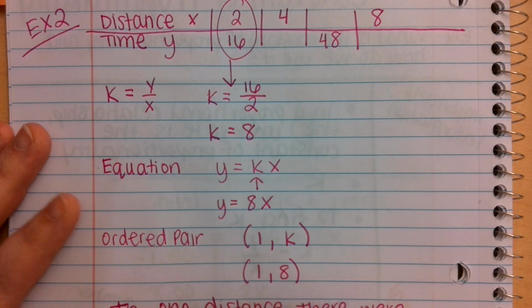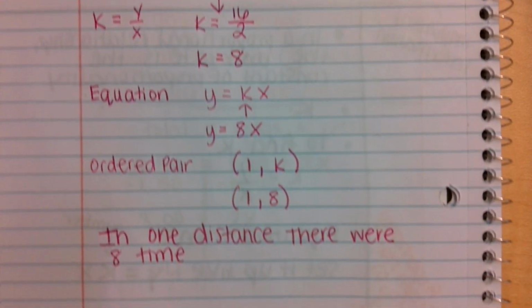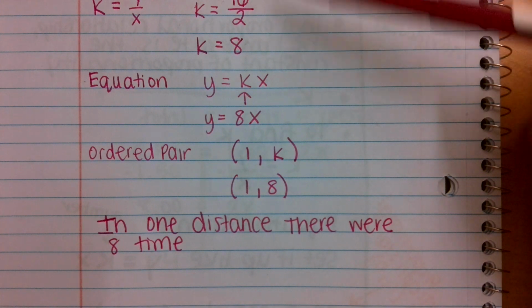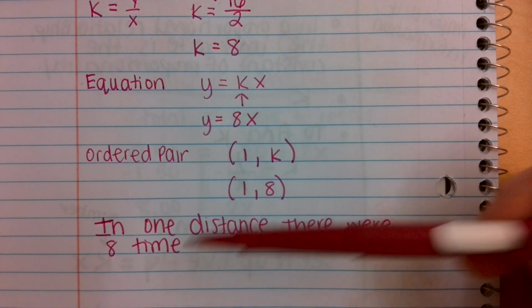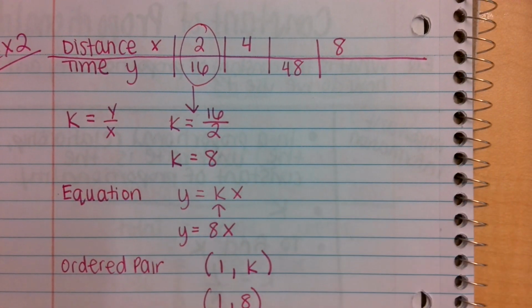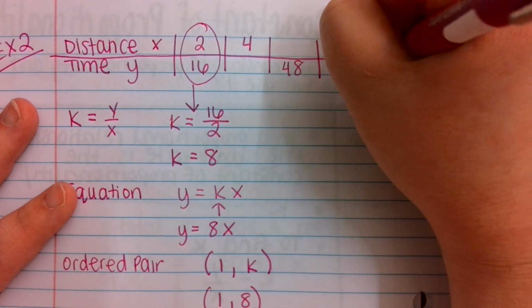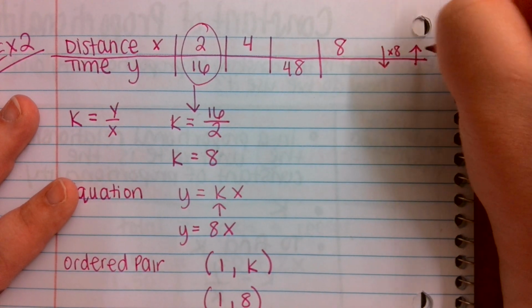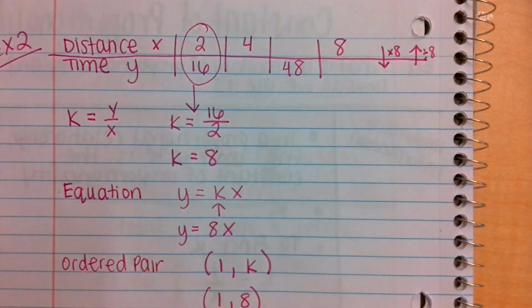In one distance, there was 8 time. All right, now let's fill in our missing numbers. If we know that 8 is our constant of proportionality, to find our missing numbers, if we go down, we're going to multiply by 8. If I go up, I'm going to divide by 8.